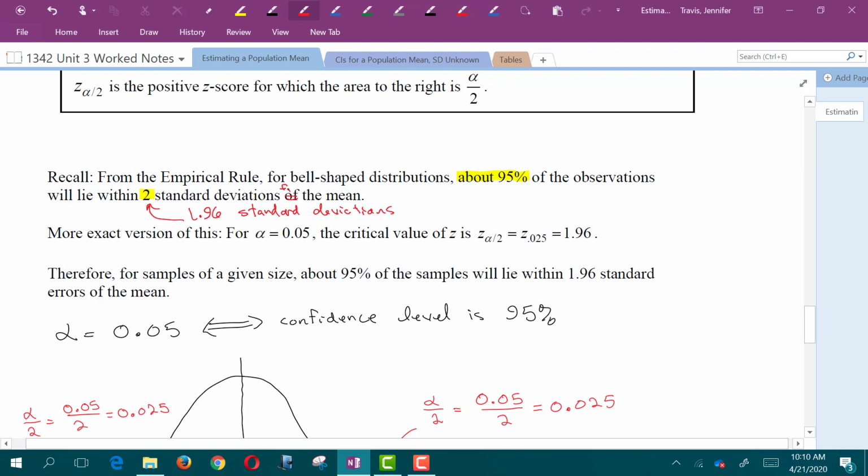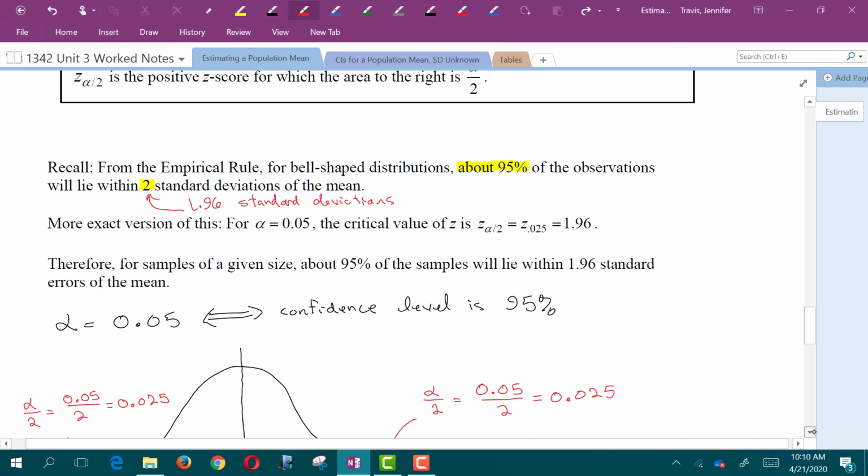My grammar reader got a little carried away. So when we say about 95%, it's a rule of thumb. 95% is easy to remember, and we say about within 2 standard deviations of the mean. But if we want exactly 95%, then we're going to be within 1.96 standard deviations of the mean, which is really close to 2.